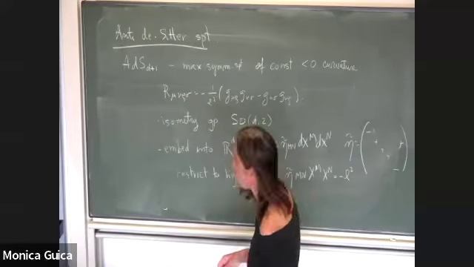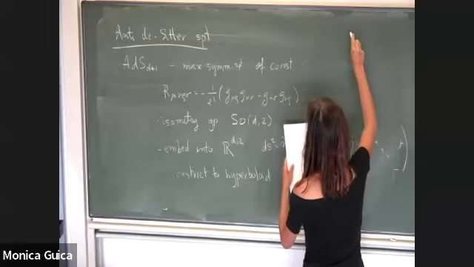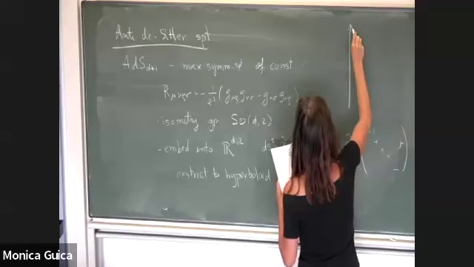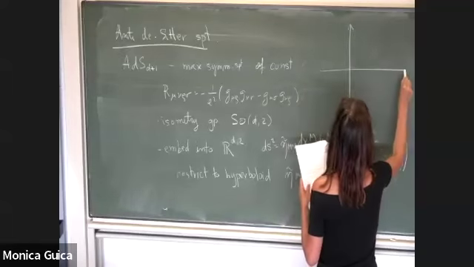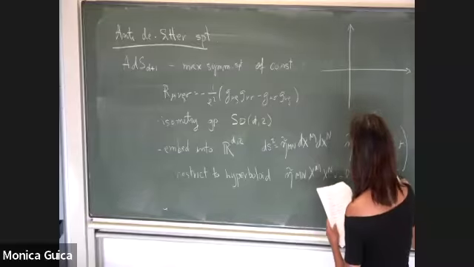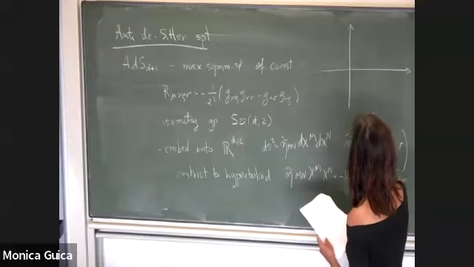Okay, let me also make a drawing. So I guess I can make my drawing over here. Let me take this to be, if I call this x0, and I call this x_{d+1}, these are the two time directions.